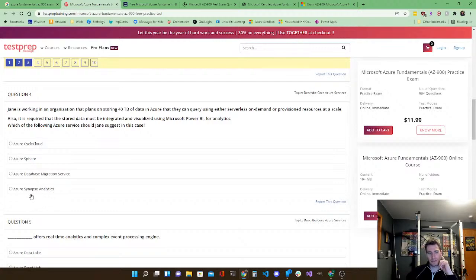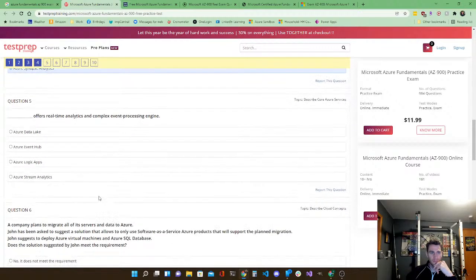Synapse Analytics is their data warehousing offering, which kind of hooks up to a variety of data sources like Cosmos or SQL Server, and then allows you to query it, and you can query it using Power BI. So I think that would make sense to me.